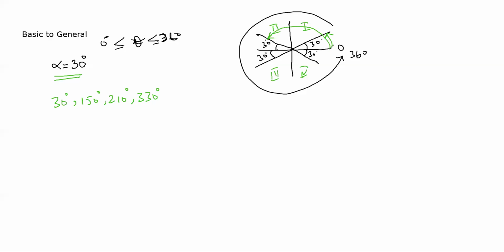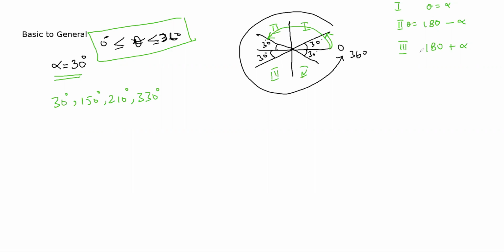In the second quadrant, the general angle is always 180 minus alpha. In your third quadrant, this will always be 180 plus alpha. In the first quadrant, theta is equal to alpha.